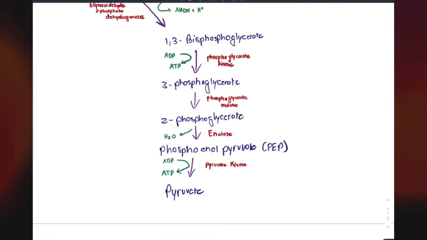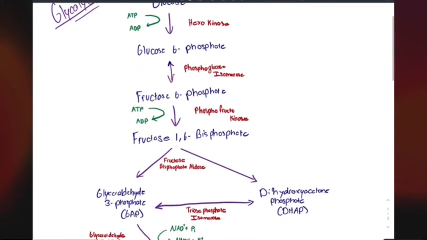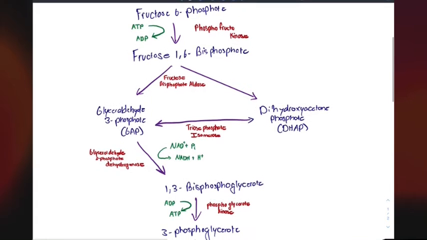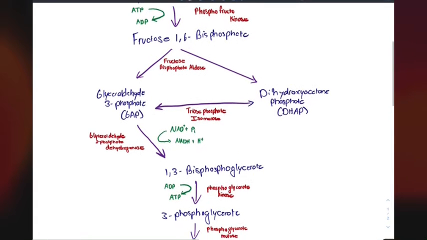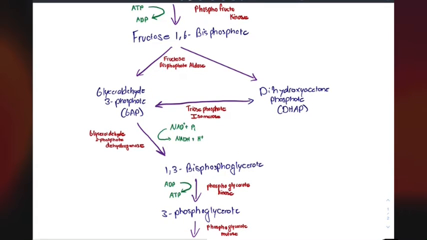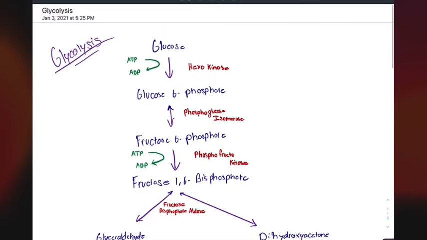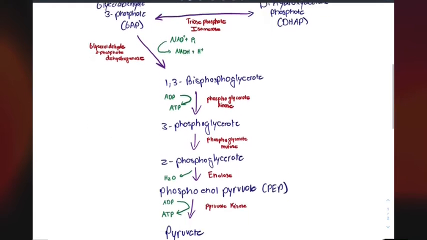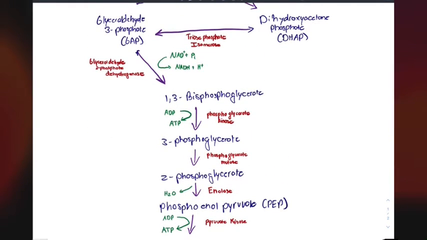Okay, so we just went through all of the steps in glycolysis, but let me tell you which ones are irreversible. The reactions that are irreversible are the first step with hexokinase, the third step with phosphofructokinase, and the last one.